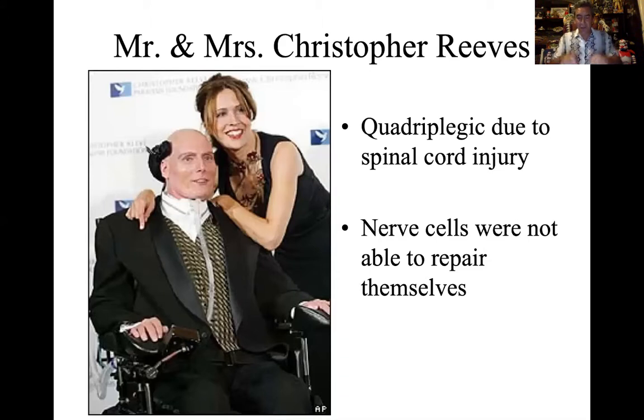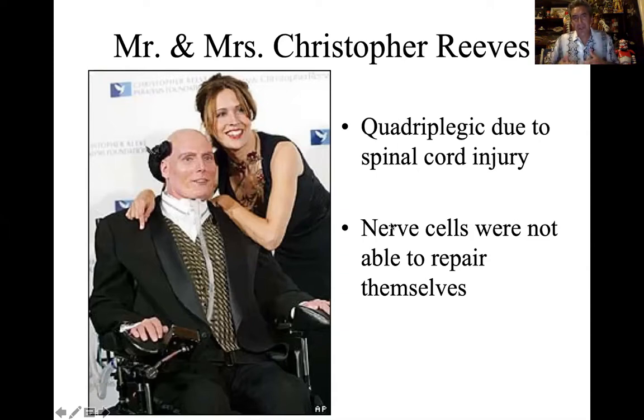And he was riding a horse, had a weird accident. He fell kind of strange. When he landed, he broke a cervical vertebra that severed his spinal cord. So from one day to the next, one day he was the actor that played Superman, very good in shape. Next day he was a quadriplegic, paralyzed from the neck down. So he had a terrible spinal cord injury.